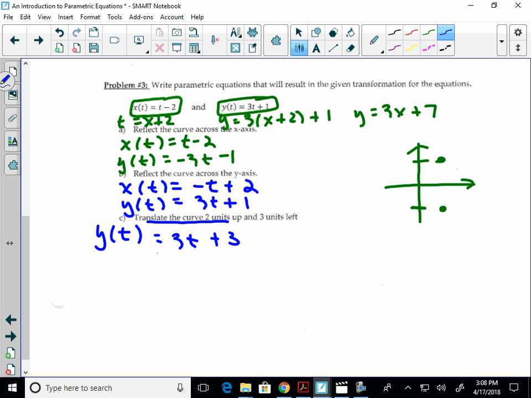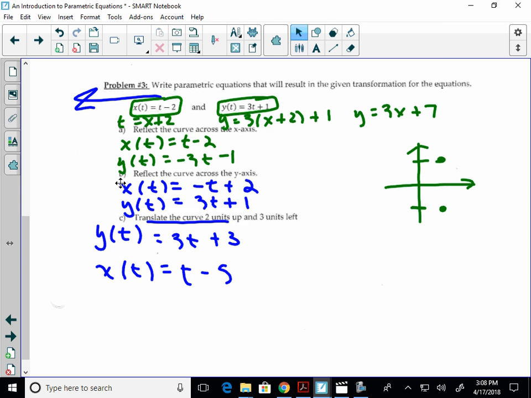Which one am I going to work off of? And it's going to be 2 what? 2 minus 5. Because you're going this way, so you're subtracting 5 from the negative 2. Okay, so parametrics.